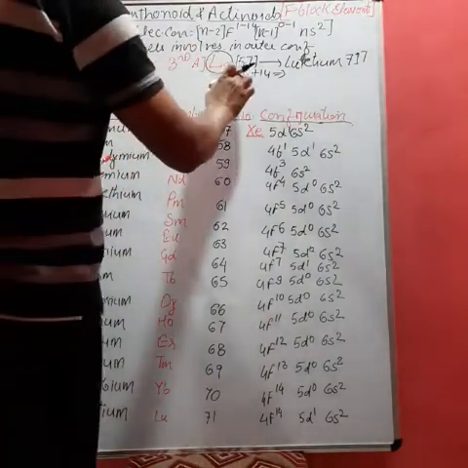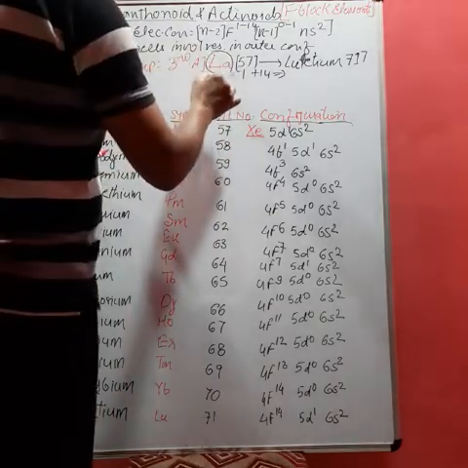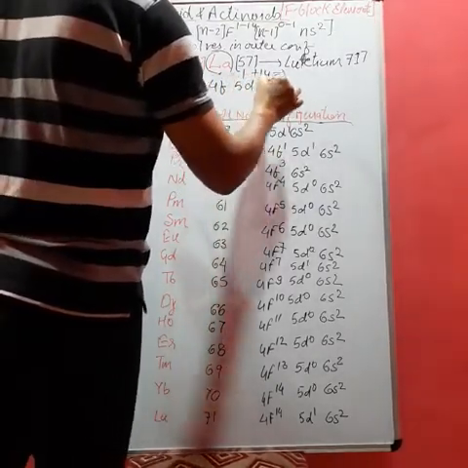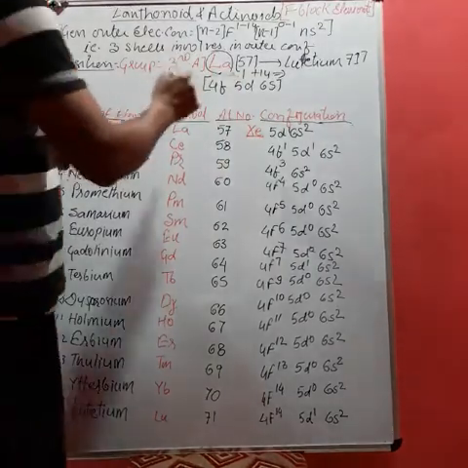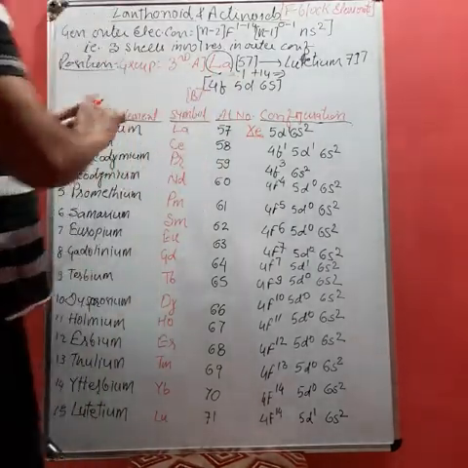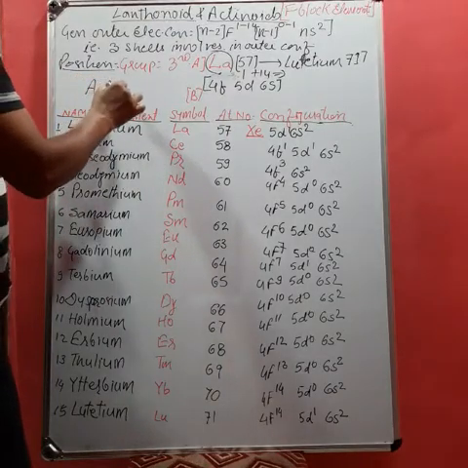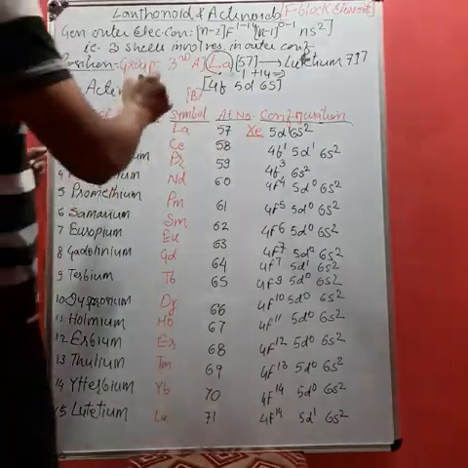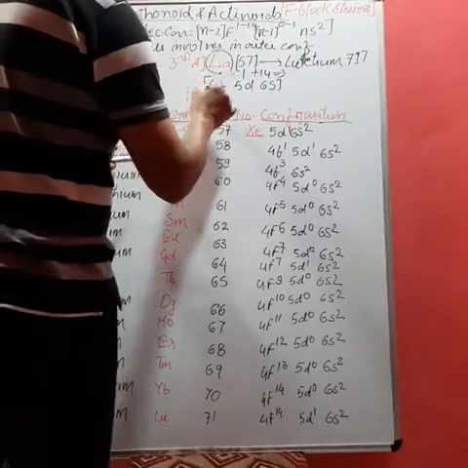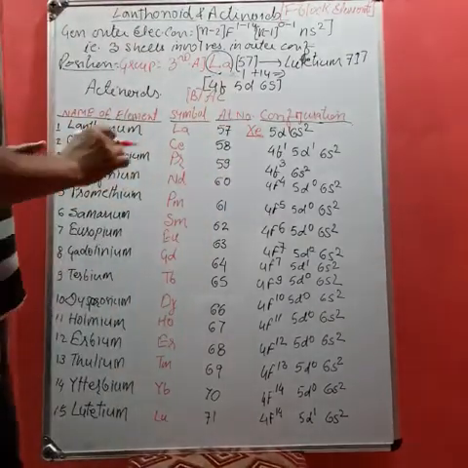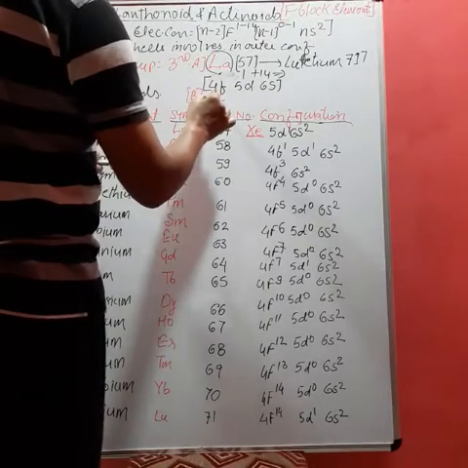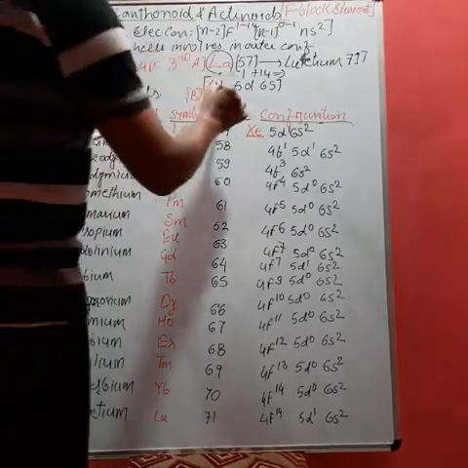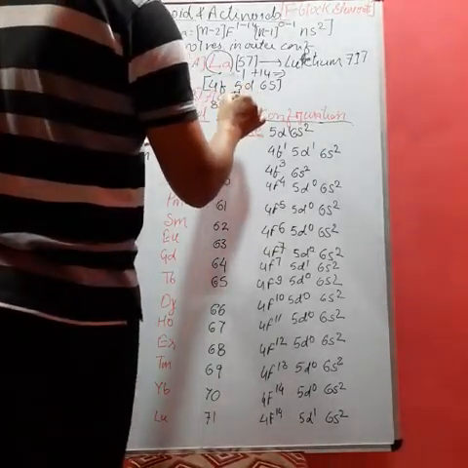These are called lanthanides. In their general configuration, the 4f, 5d and 6s subshells are involved. While series B, which are called actinides, includes the element actinium, symbol Ac, starting from atomic number 89, and the next element thorium, atomic number 90.